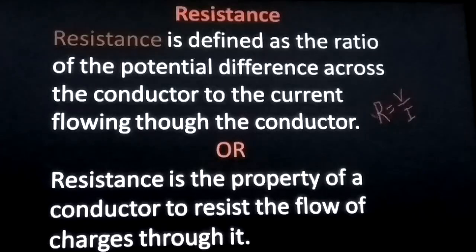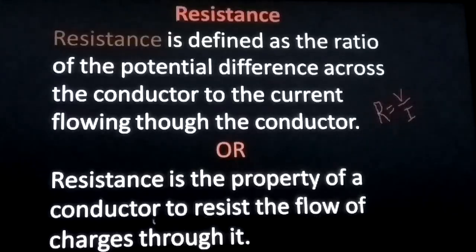Okay, students. Simply, if you remember this, resistance is the ratio of the potential difference across the conductor to the current flowing through the conductor. Its actual definition is that resistance is the property of a conductor to resist the flow of charges through it.